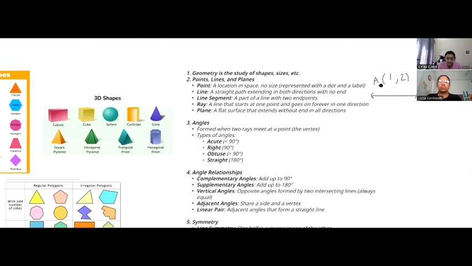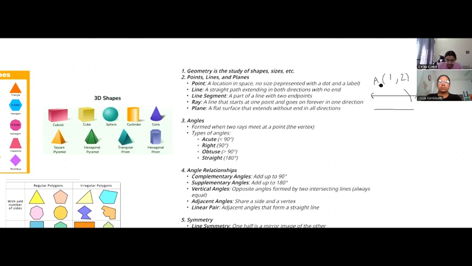And then a line segment looks just like a line, except, oh, that was my fault. Okay, there we go. So a line segment is basically a line, but it has two ending points.